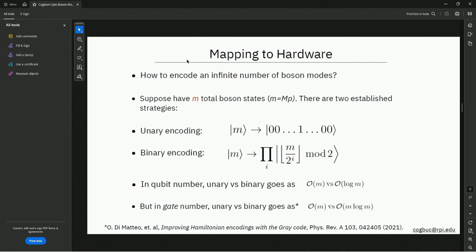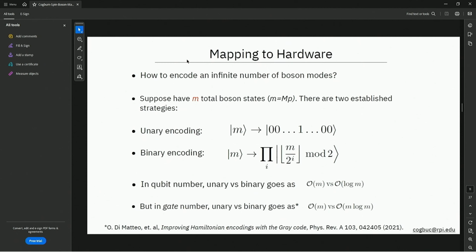Okay. So how do we map this to the quantum hardware in particular? I mentioned earlier that we have some truncation of the bosonic modes. So suppose we have little m total bosonic states. There are two established strategies to map this to the quantum hardware. The first is so-called unary encoding, and it's pretty simple.